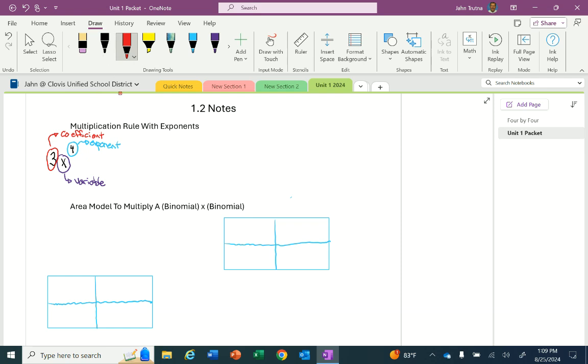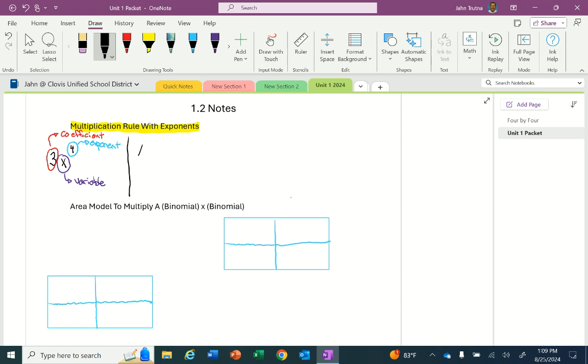Okay, so there's a rule in math, the multiplication rule of exponents, that we're going to go over right here. And this is the one that we're going to use a lot in this particular idea that we're going to be talking about today. I'll give you the rule in a very general sense, and then I'll show you a couple examples of how it works.